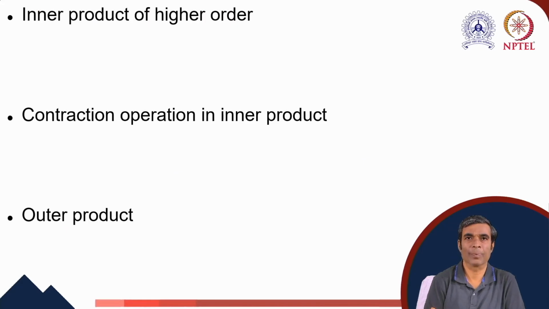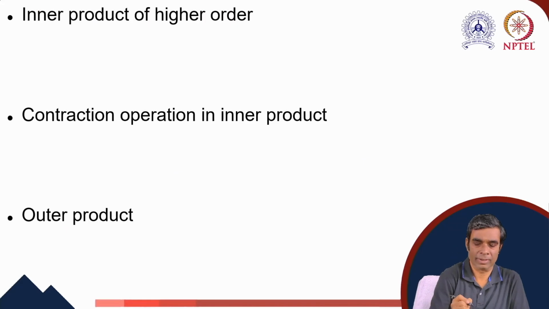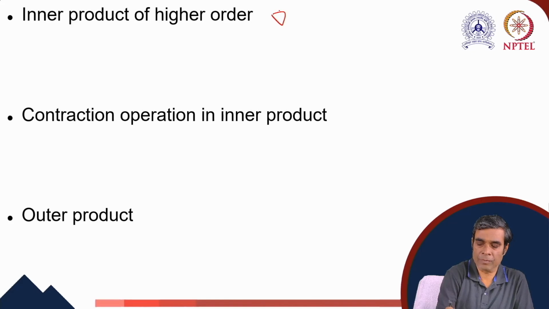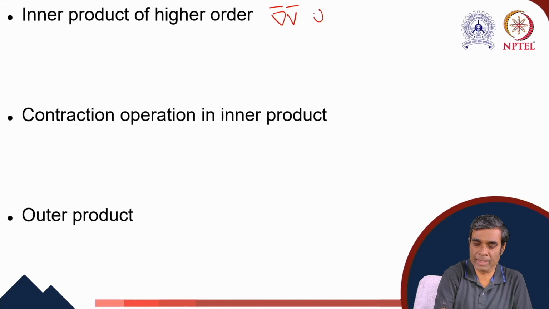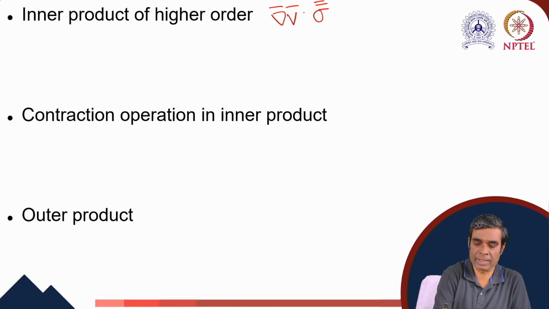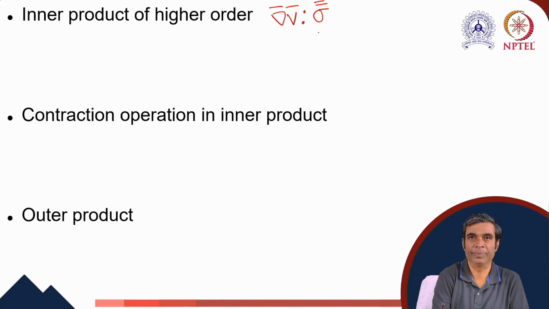Next, we go for the inner product of higher order. So here we can discuss the gradient of the velocity vector and the stress tensor sigma. Both are second order tensors, and we can take the inner product of these two quantities. That is denoted by the symbol double dot product, gradient of v double dot sigma.